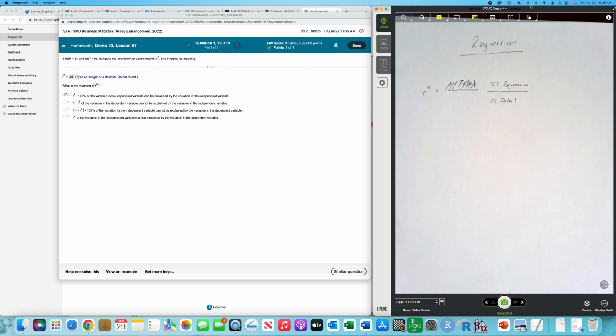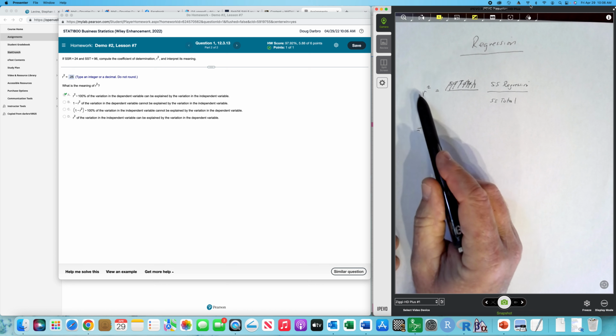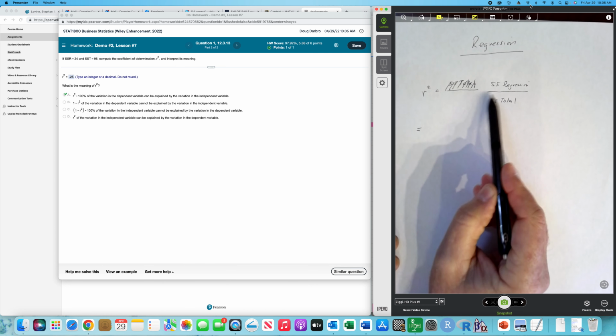So sum of squares regression divided by sum of squares total. Now, I used to teach all this in STAT 1800, but that was back when our class was 5 credit hours instead of 4 like it is now. So, when we reduced the credit hours from 5 to 4, we had to get rid of a few things, and this is one of the topics. Be glad. It's kind of confusing. But nevertheless, I want you to have on your radar that R squared can be calculated this way.